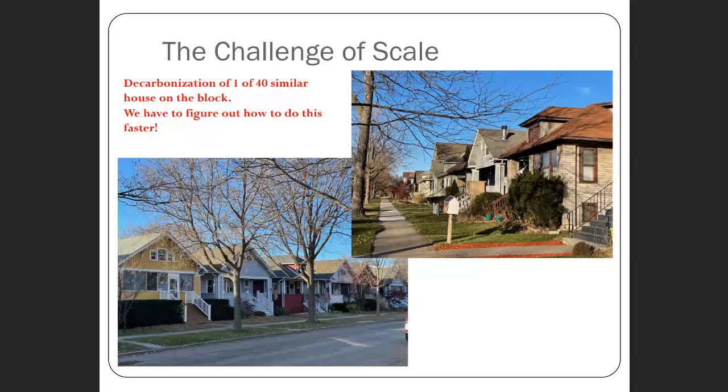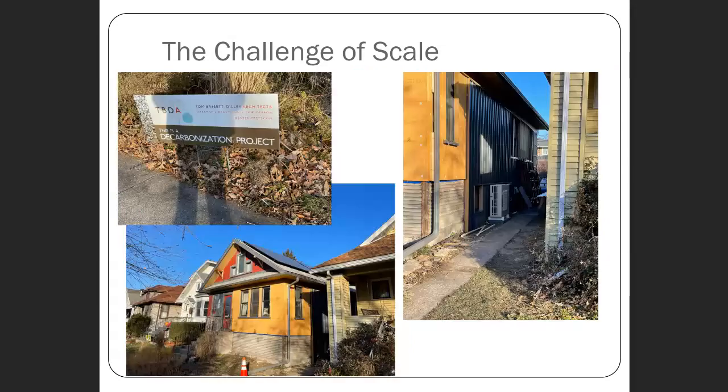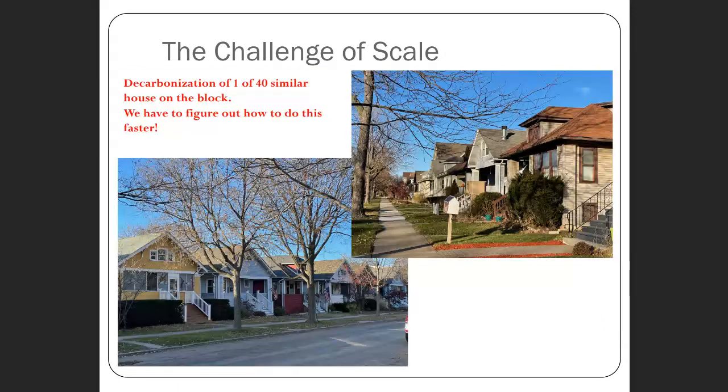That's our challenge. How do we go from this as a one-off to this as something that we as construction professionals can deliver effectively and cost effectively to all the other homeowners that live on this block and lots of other blocks just like this? That's our challenge.